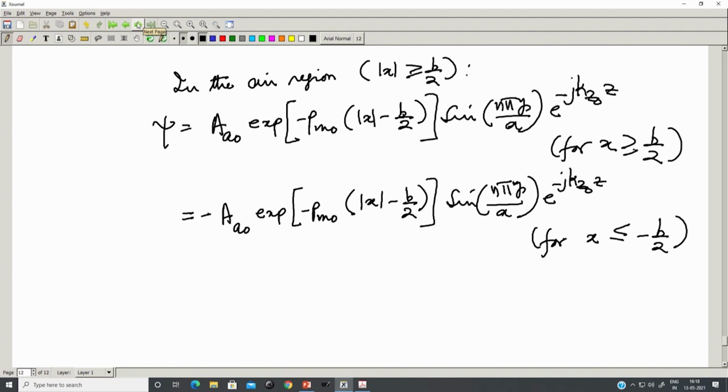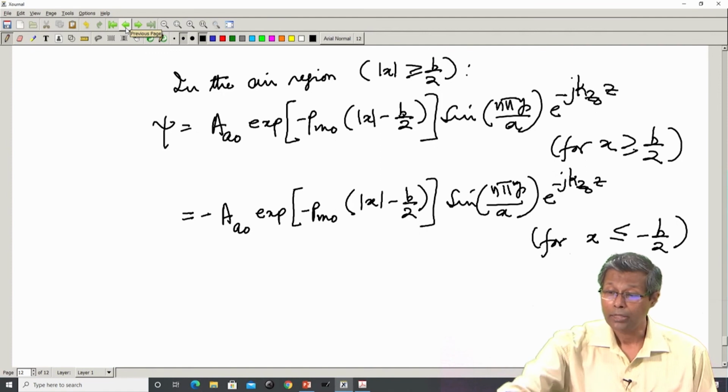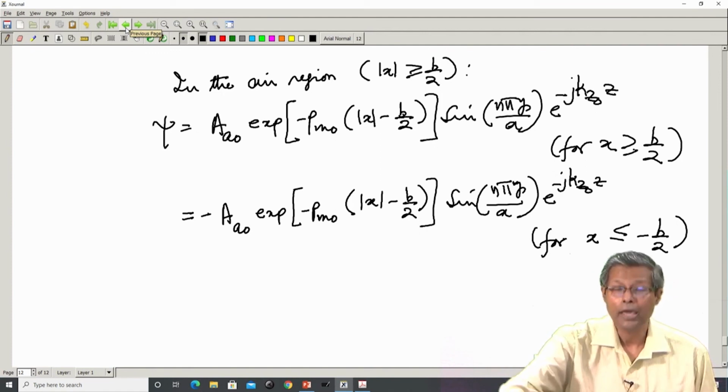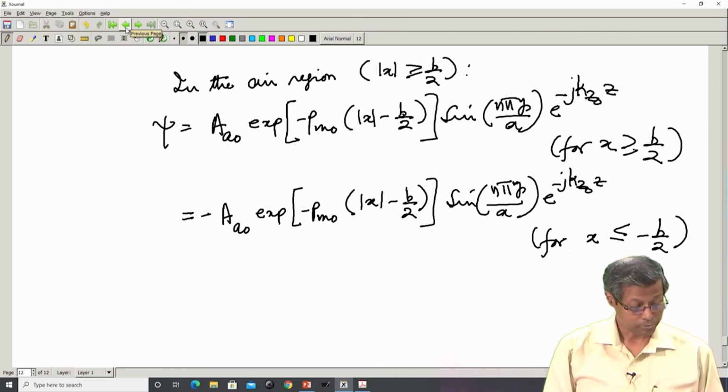Okay, so, this you can clearly see after writing the expressions for the electric and magnetic fields for the odd mode, as to why this has to be expressed in two different ways for the odd mode and in one concise form for the even mode.